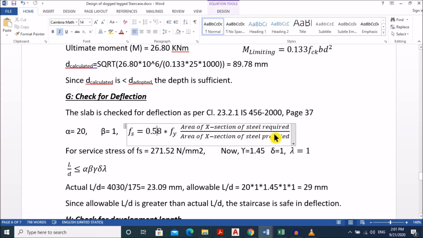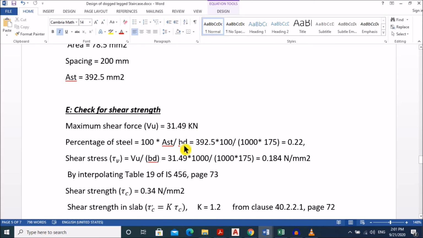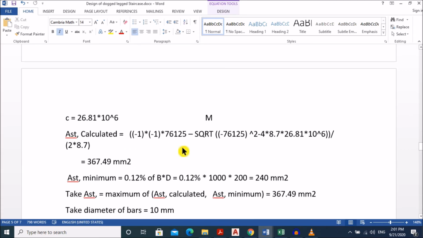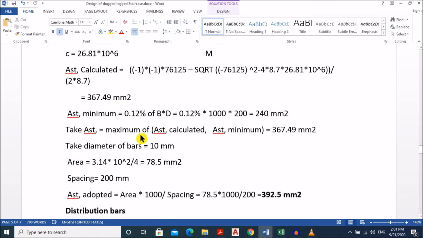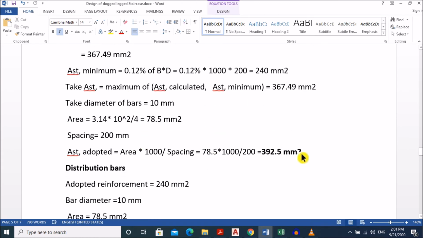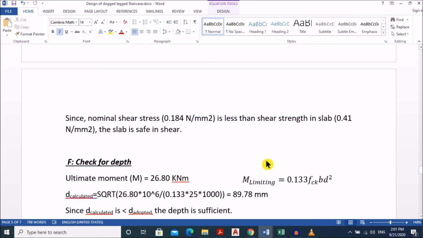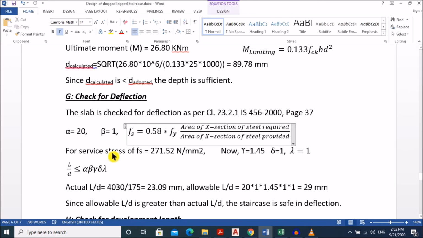Area of cross section of the steel required is 367.49, and area of steel provided is 392.5. That gives 271.52.